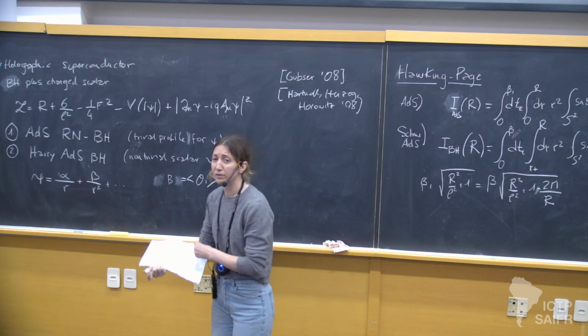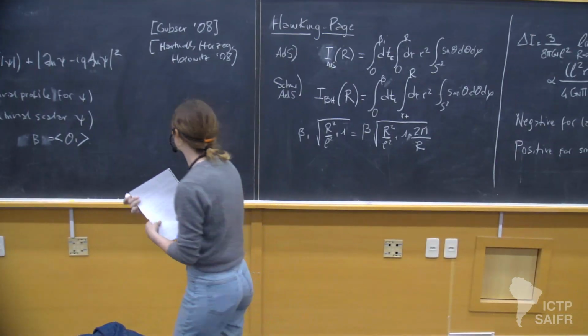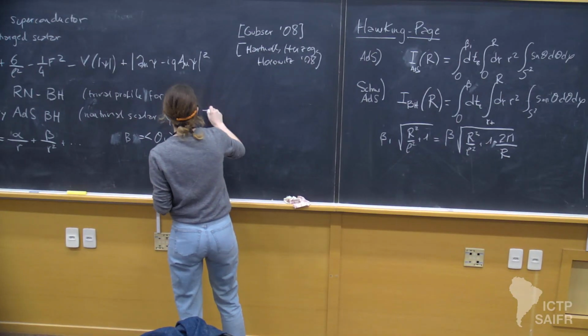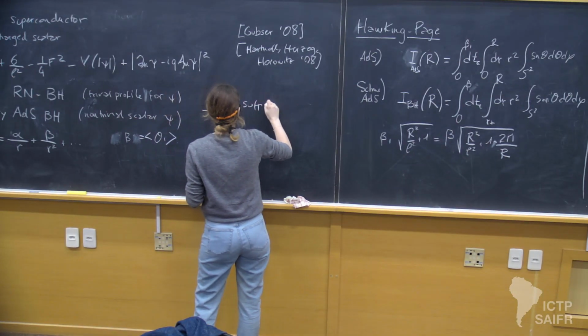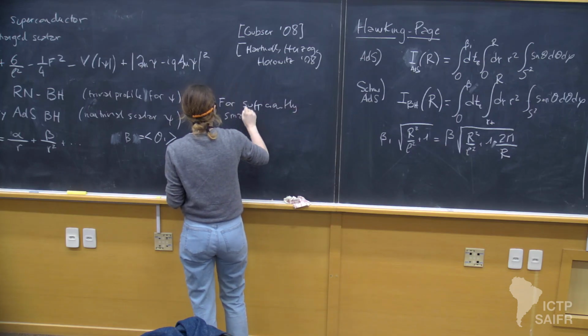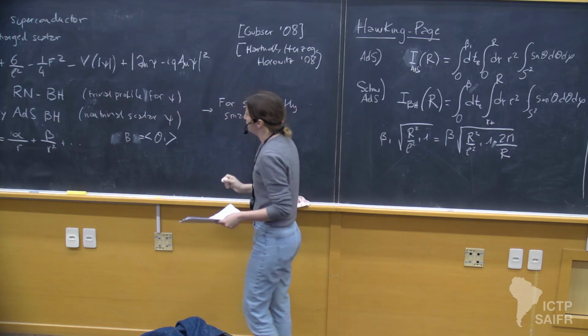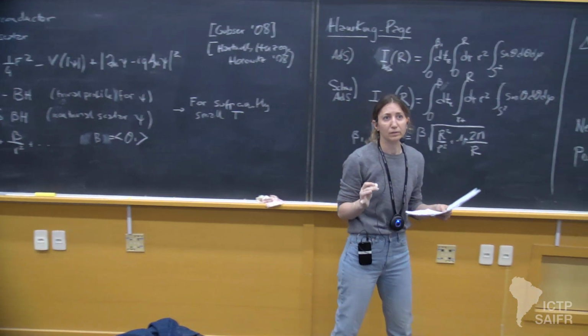And you find that for a sufficiently small temperature, the hairy black hole is actually favored with respect to the bare Reissner-Nordström black hole.